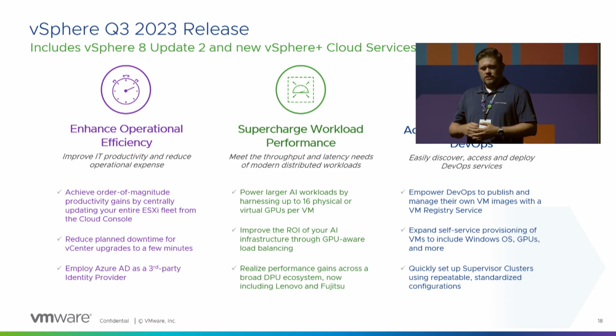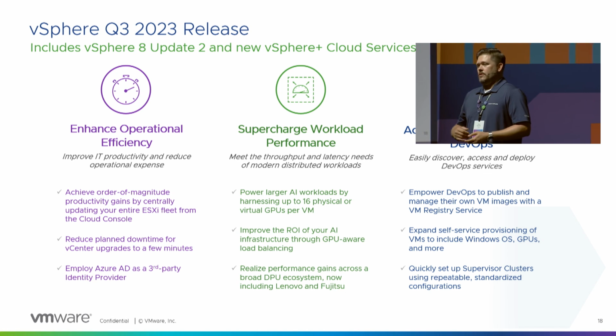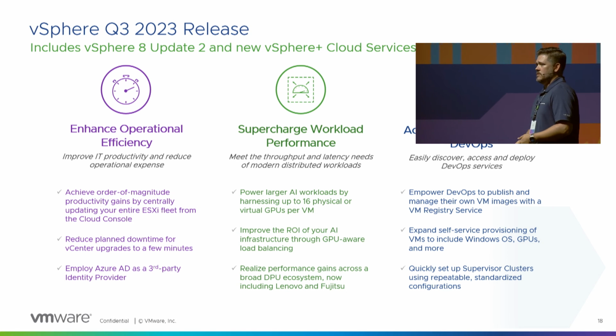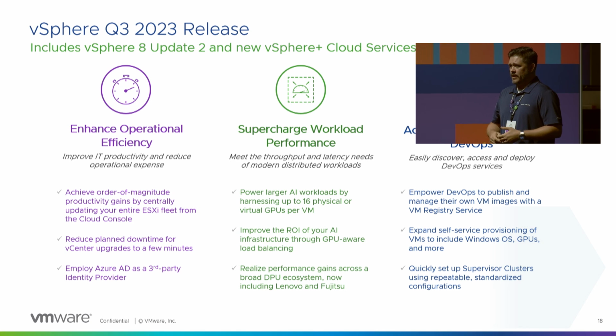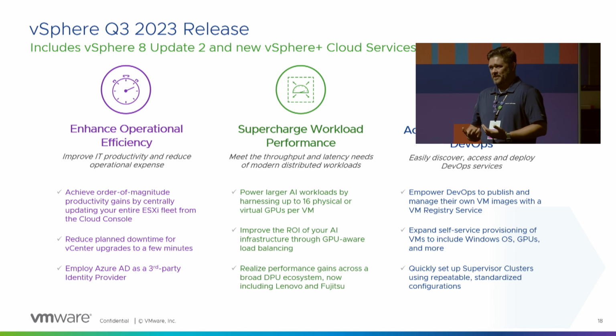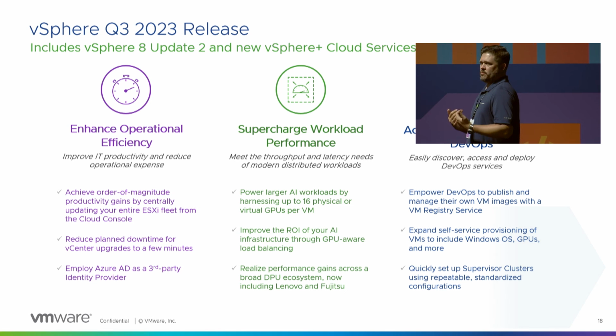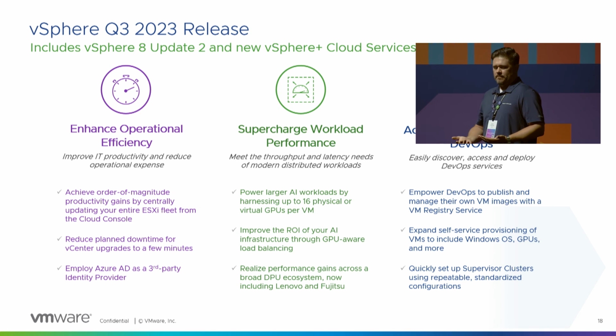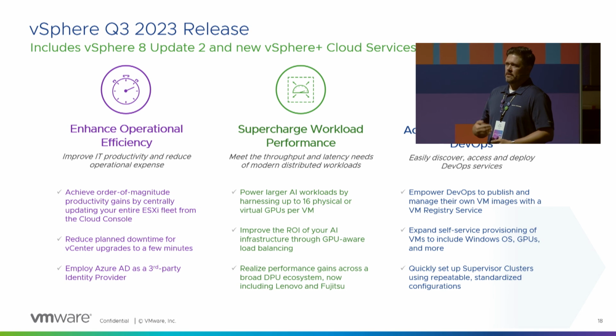Even in 8 update 2, there's more there that's going to allow you to share up to 16 vGPUs per VM, which is a huge amount of processing power. As you can imagine, there's a reason, and that reason is AI workloads, as those have definitely grown over the more recent months. This is something that's been a big ask from our AI-heavy customers.